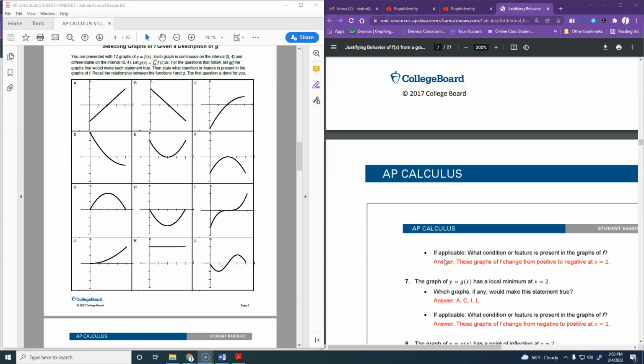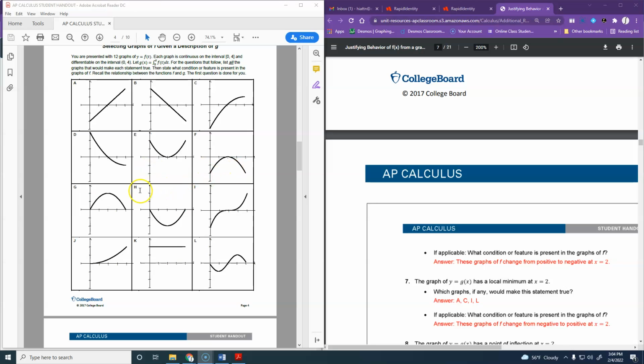Now, 8 is going to ask us about a point of inflection at 2. So, a point of inflection would mean that we have to switch from increasing to decreasing or decreasing to increasing, right? Because we can tell concavity by whether or not our derivative is increasing or decreasing. So, which ones are going to have points of inflection?